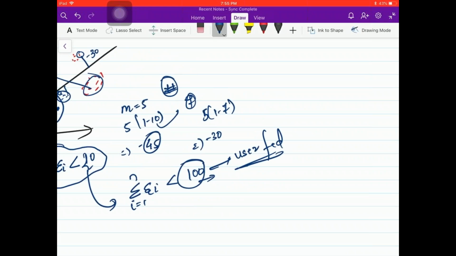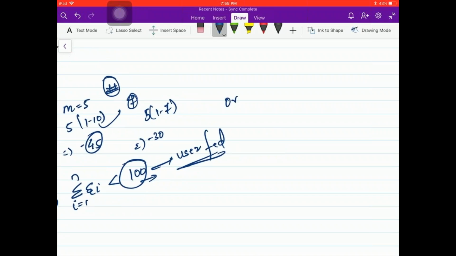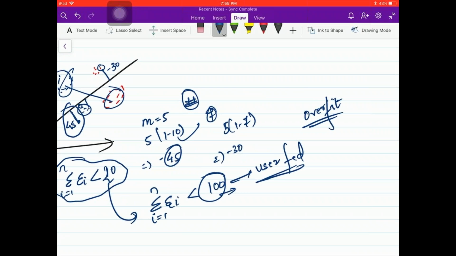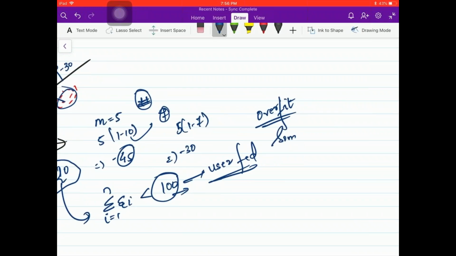It's the same thing again: you want to hugely overfit and try to fit all the points, or you say, no problem, I can have some error and not fit all the points.